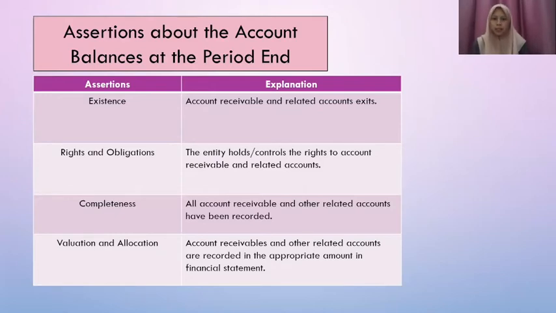Next, we have completeness. Completeness is where the management needs to ensure that all accounts receivable and other related accounts have been recorded. And lastly, valuation and allocation. The management needs to ensure that the accounts receivable and other related accounts are recorded in the appropriate amount in the financial statements to avoid any material misstatement.